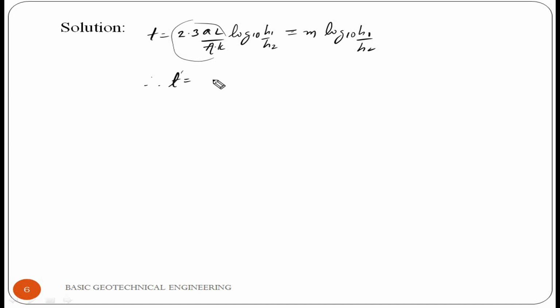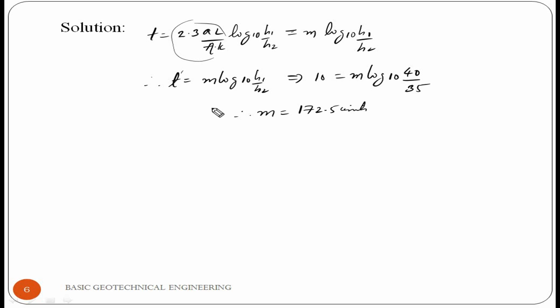Therefore, T is equal to M into log to the base 10 H1 by H2, which can be written as 10 is equal to M into log to the base 10 H1 by H2, where H1 we have here as 40 and H2 is 35. So therefore M is equal to 172.5 units, we will take it as. So now T is equal to 172.5 log to the base 10 H1 by H2.